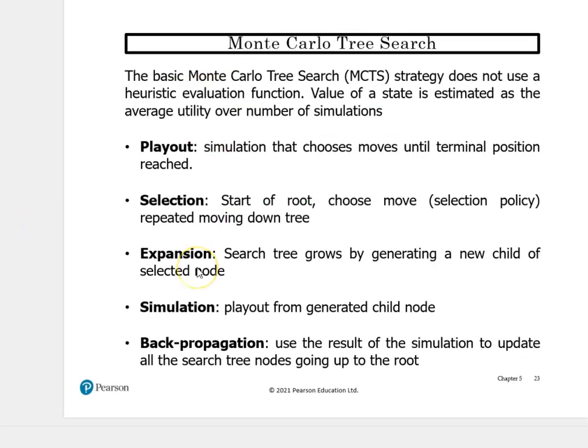Now let's look at our final approach, which is Monte Carlo tree search. So, like we saw, even with alpha-beta pruning, we can't really speed up the search enough to find a solution in reasonable time.